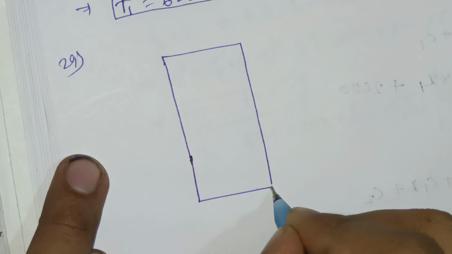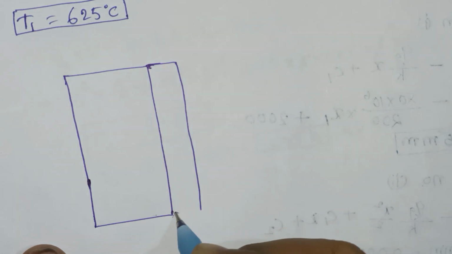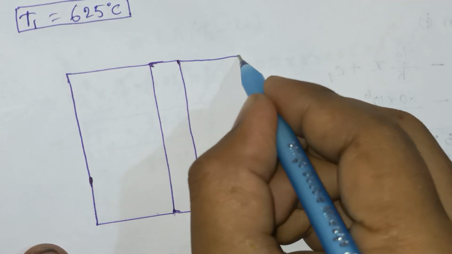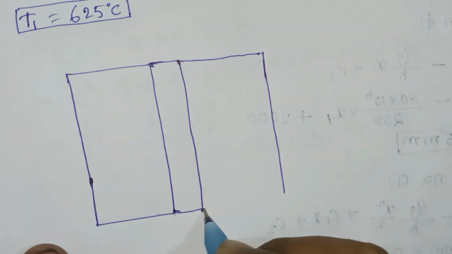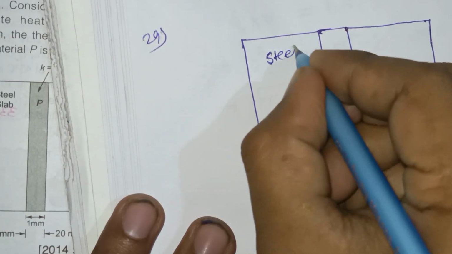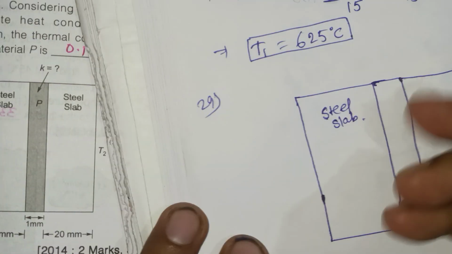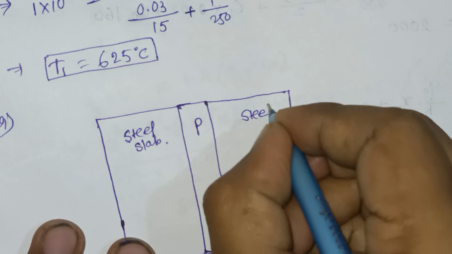This is one slab, this is another slab. This is steel slab, this is P conductor material, and this is also steel slab.